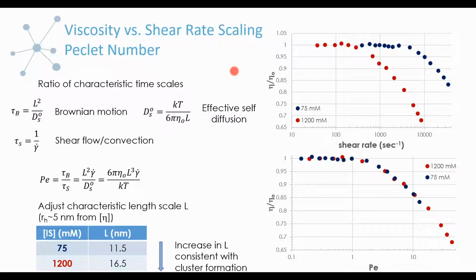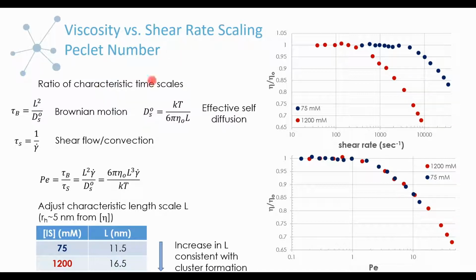And the onset of shear thinning can often be correlated to the point where the shear flow is going to overcome this Brownian motion. So initially, at low shear rates, the Brownian motion is sufficient to restore or maintain close to an equilibrium structure. But then at some point, the shear rate is going to overtake the Brownian motion, and then the material starts to shear thin. So how can we think of this in terms of timescales?